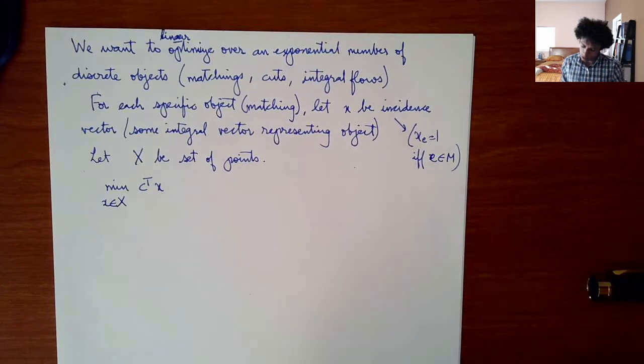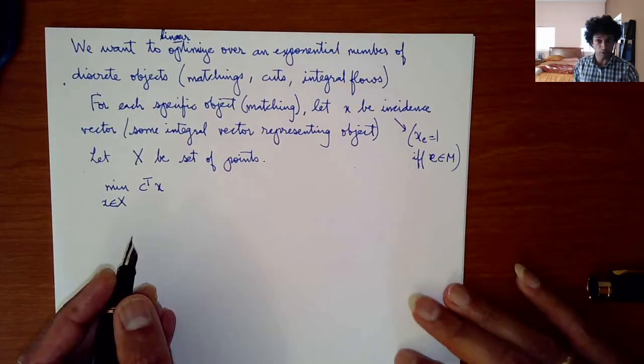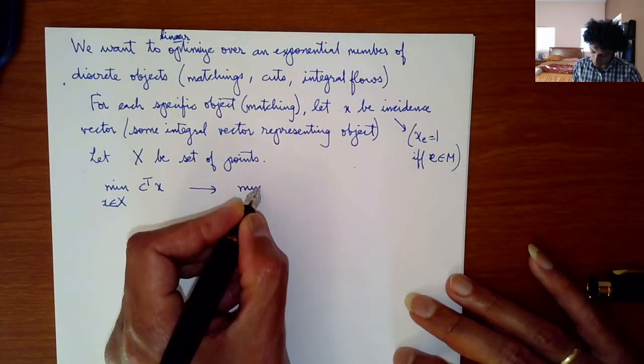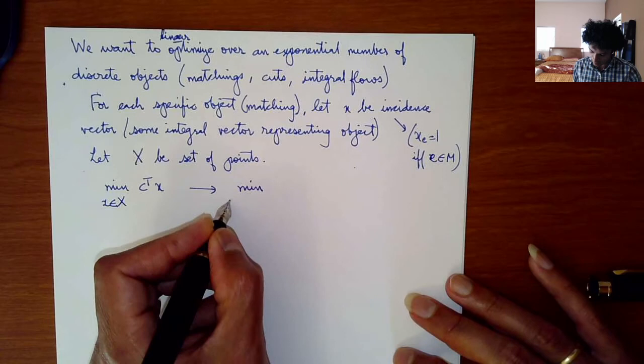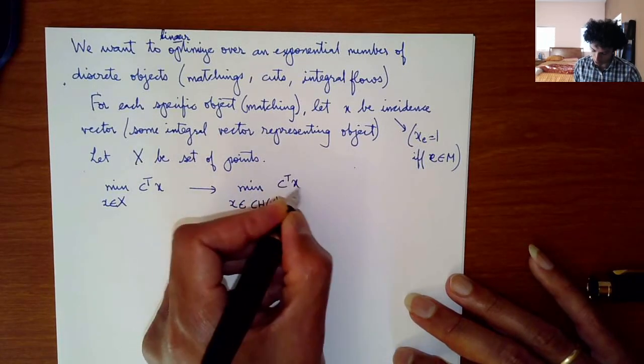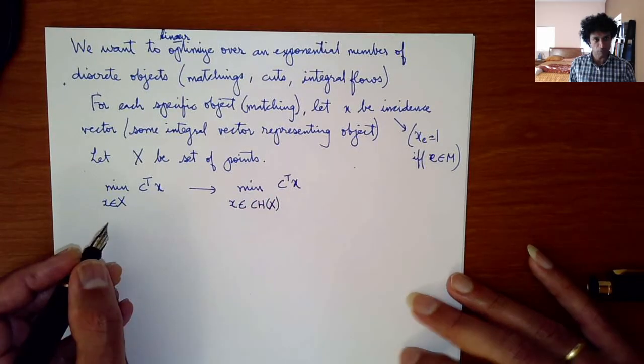So how do we deal with this problem? Suppose we could do the following: let's instead minimize c transpose x over x chosen in the convex hull of capital X. Let me define the convex hull.